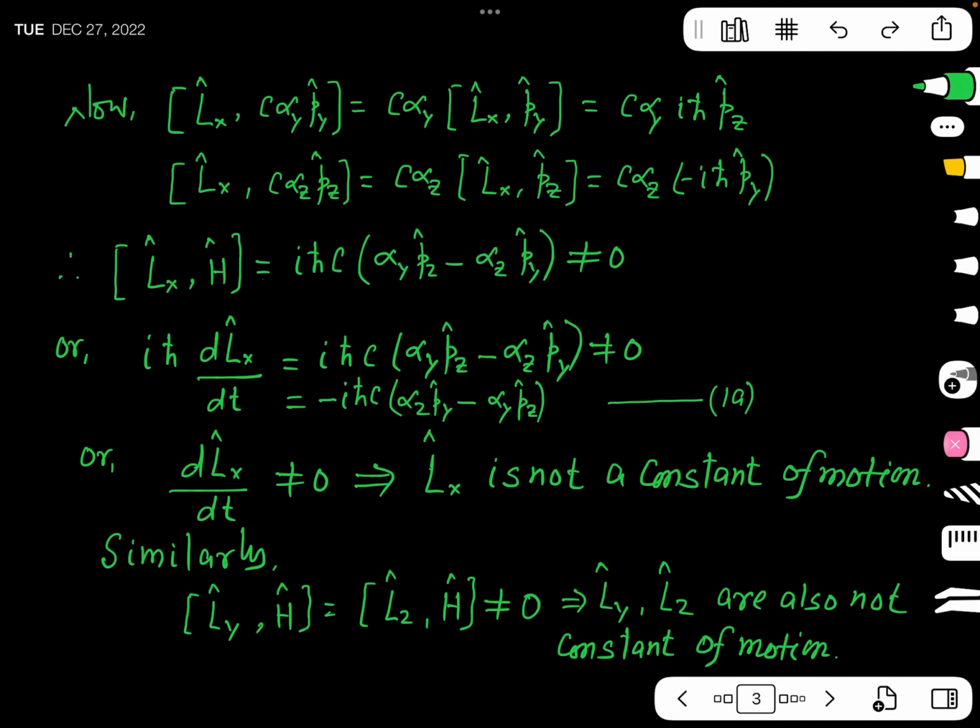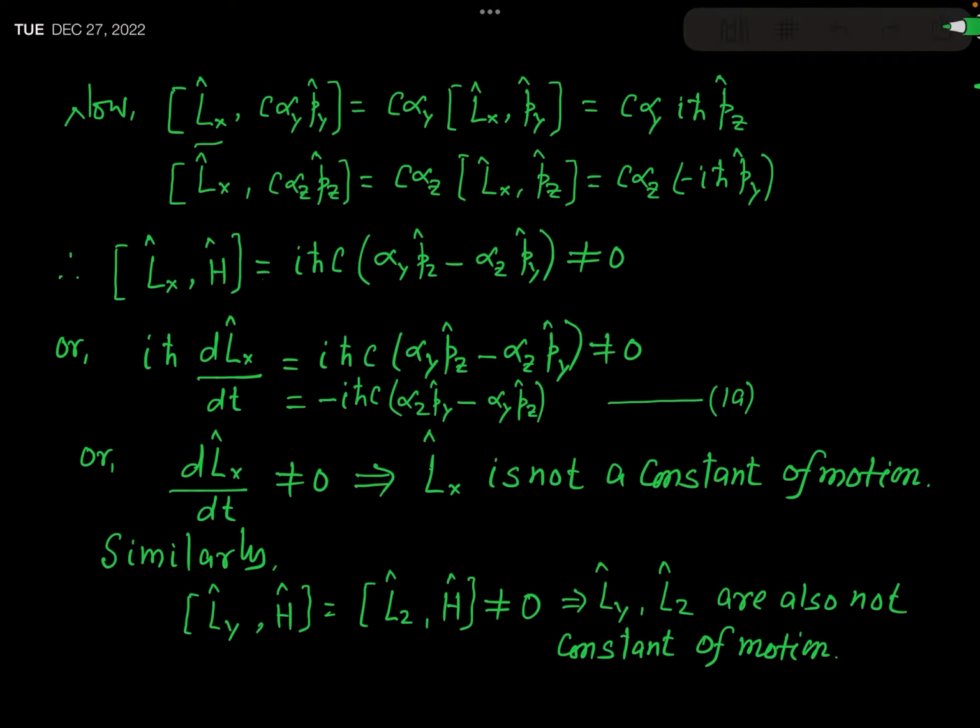So now let us see the commutator of Lx hat and c alpha y py hat. What will this be? This can be written as c alpha y times the commutator of Lx hat and py hat. Again, I suggest you watch my video on the commutator.